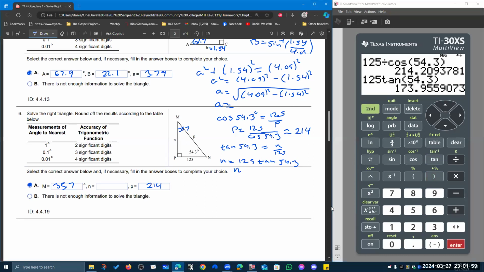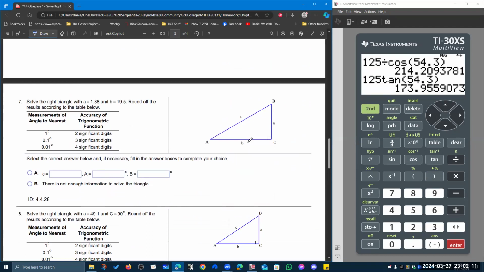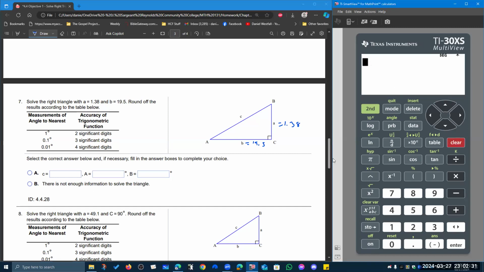And so n is approximately, and then three significant figures, 74. A is 1.38 and B is 19.5. And we aren't given any angles other than the right angle here. Then let's find side C using the Pythagorean theorem.